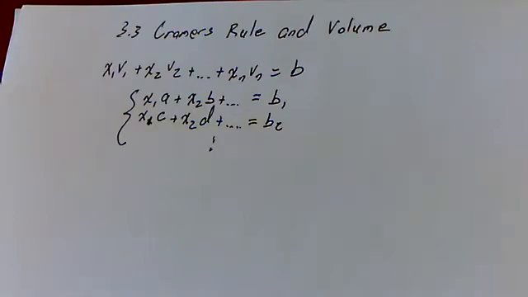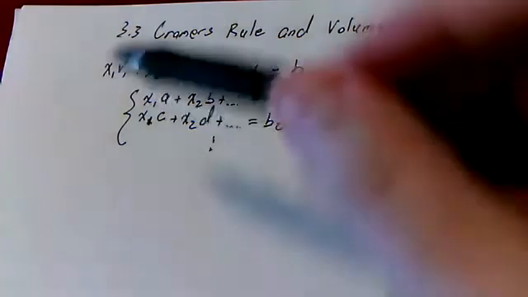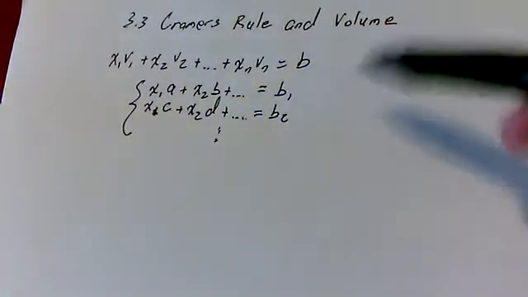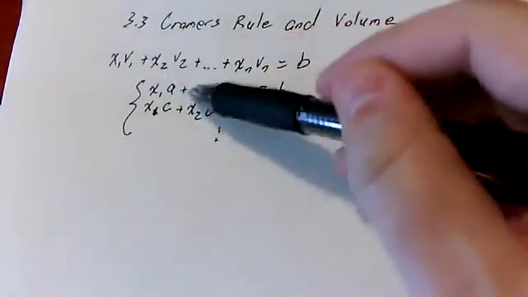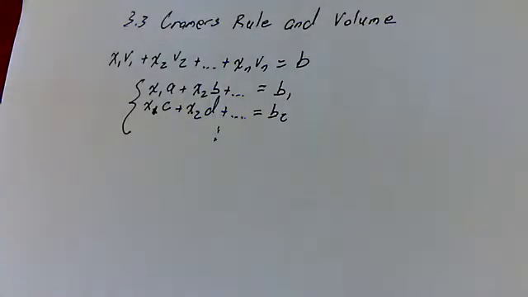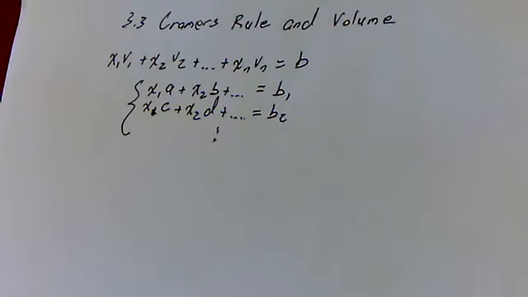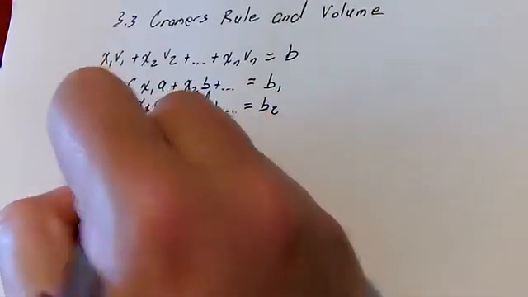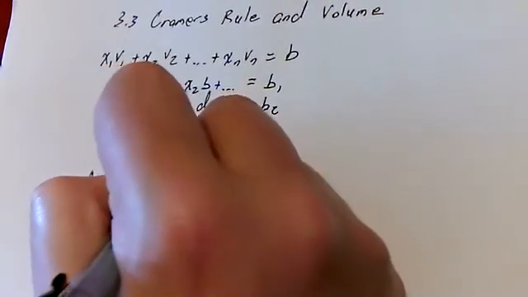Now, as we look at this set of equations, each vector contributes some piece to this solution. Each v1 has its piece of b, v2 is a piece of b. They all contribute and work together. So Cramer's rule uses our matrices. Our matrix A is going to be our coefficient matrix.